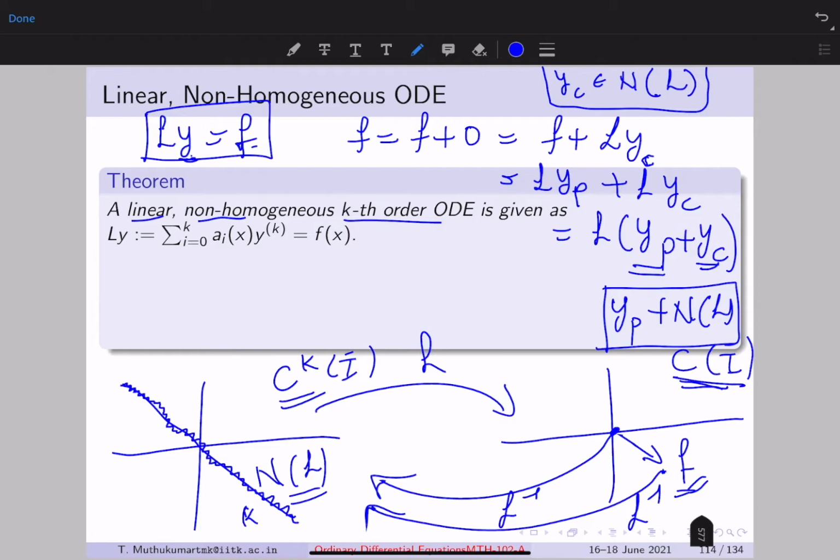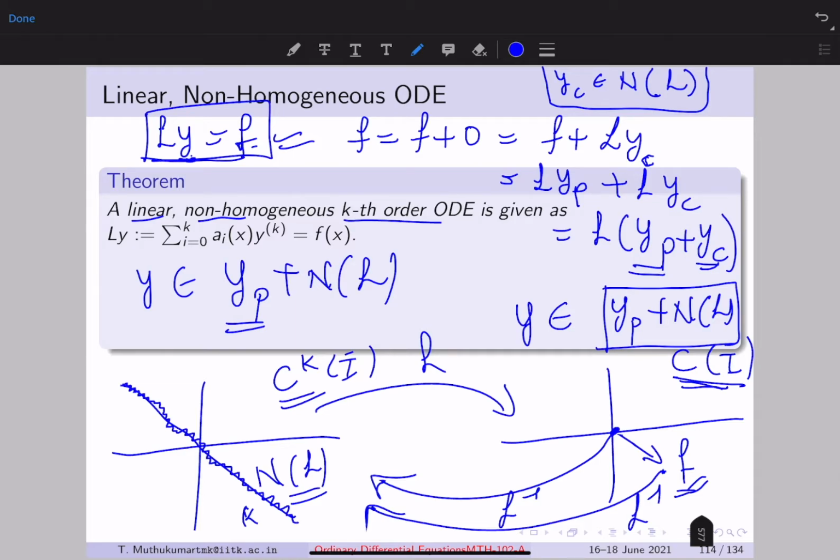So any y should come from this set. The solution to this problem is any y coming from yp plus null space of L, where yp is any one solution of this equation.